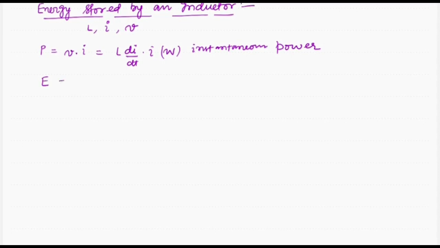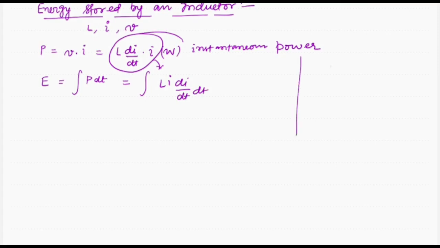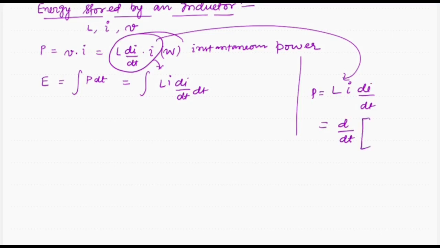Now energy will be given by integration of power over time. So we put this value here, and we get integral of L i di upon dt multiplied by dt. Separately considering L i di by dt, that is power, we can further simplify it and write it as d by dt multiplied by half L i square.